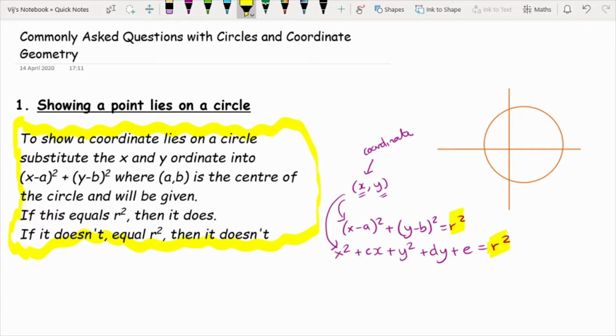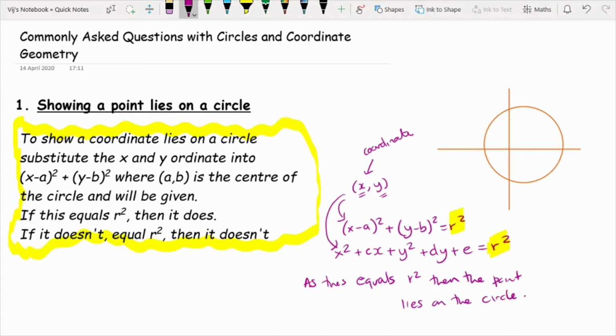And that's basically it. Obviously when it comes to these types of questions, it's worth adding a final statement: as this equals r squared, then the point lies on the circle.